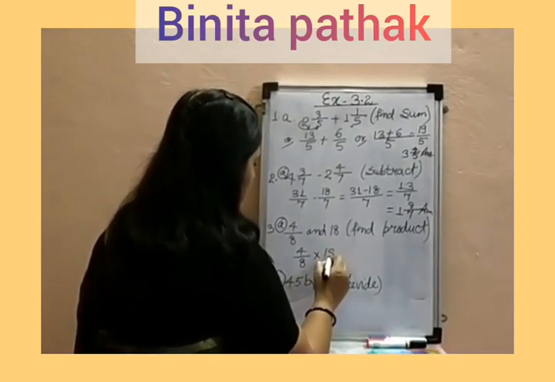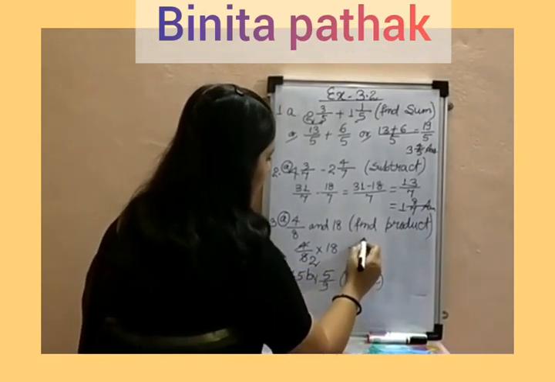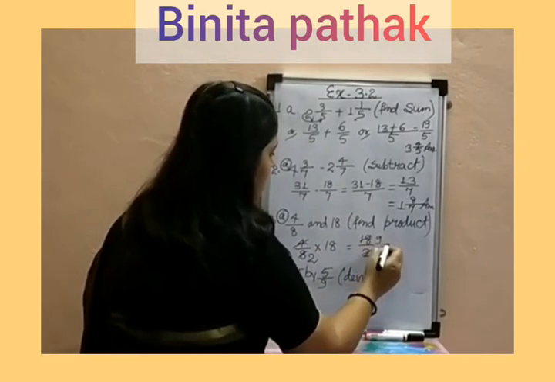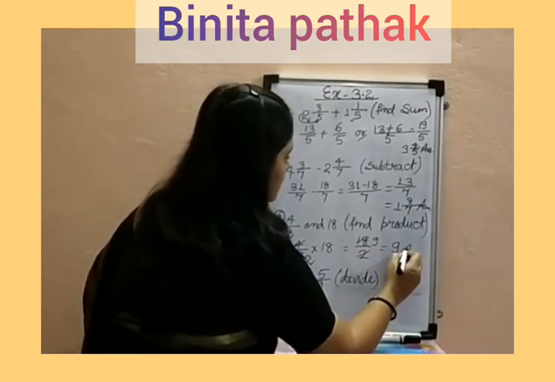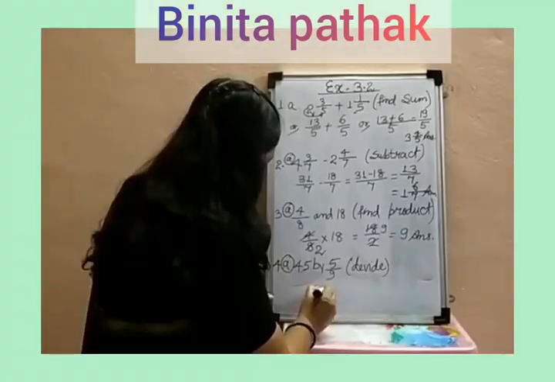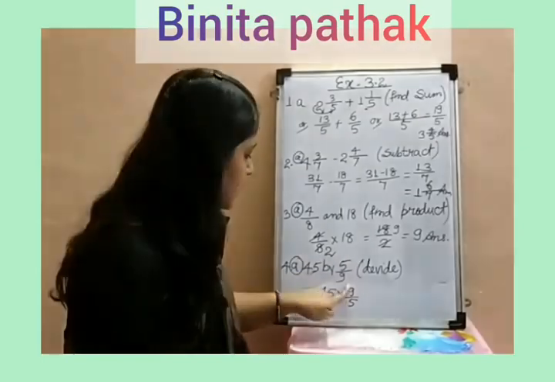Now, question number 3A is find the product 4 upon 8 into 18. 4 2s are 8. 18 upon 2, 9 2s are 18. 9 is the answer. Now the next one is division. Division becomes multiplication, so the next fraction will be reciprocal.